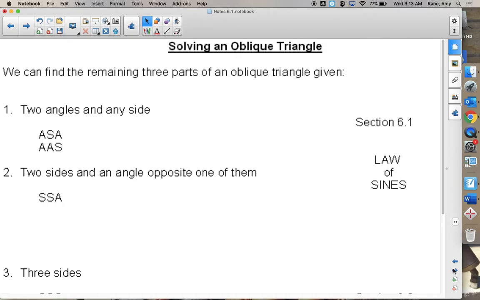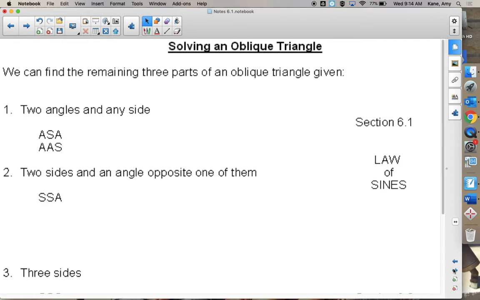Generally, we put it in a word problem format, but we really are trying to find the missing sides and missing angles. Going back to geometry, you learned congruency statements for triangles. It says here we have ASA and AAS, and that is when you have two angles and a side. Does anybody remember what ASA stands for?